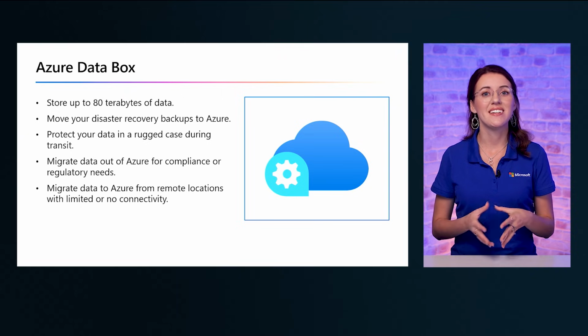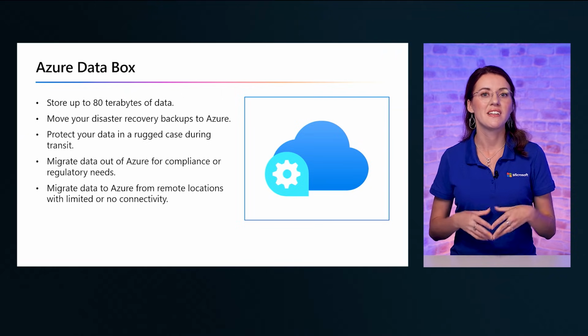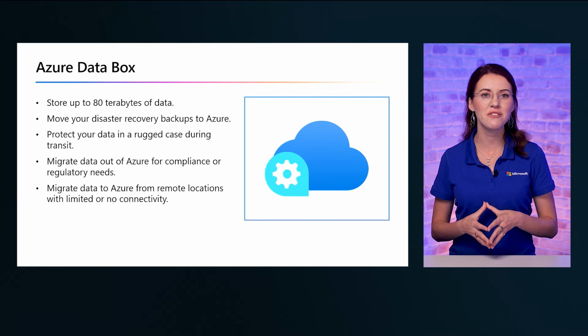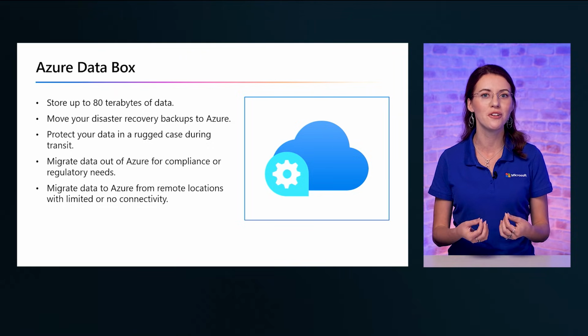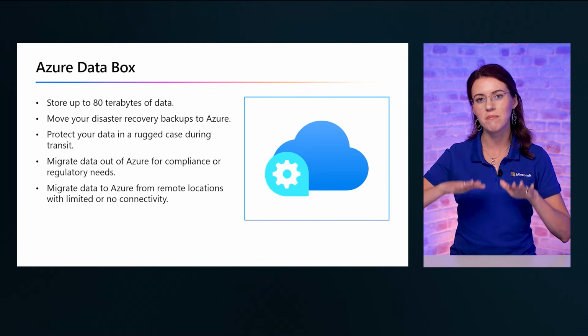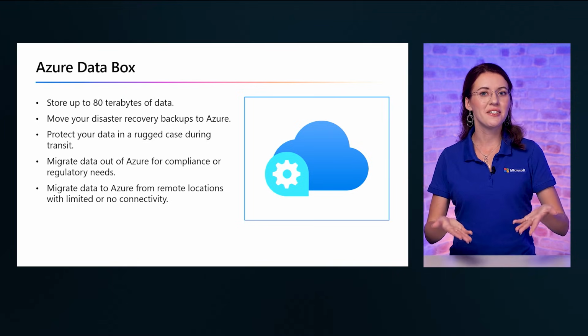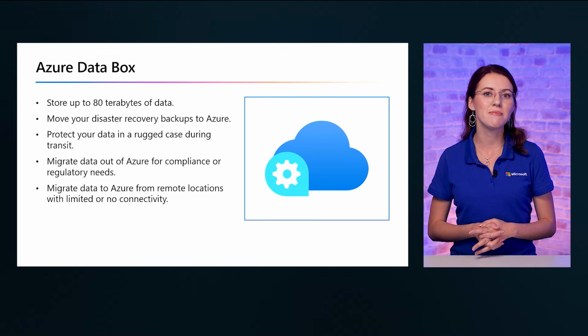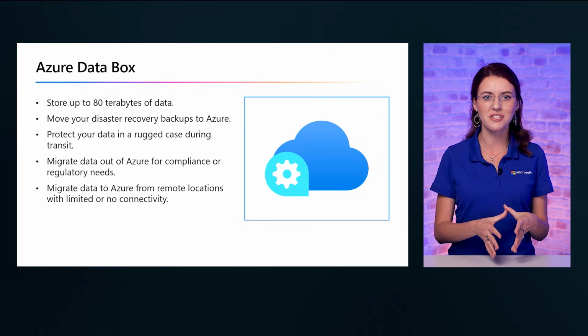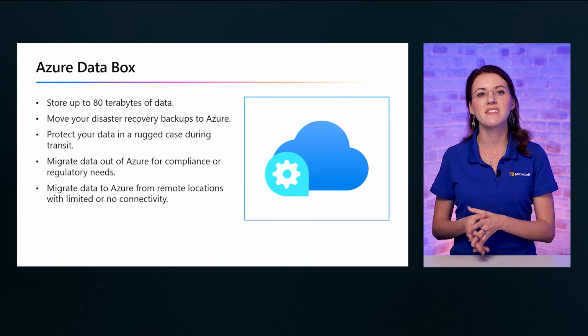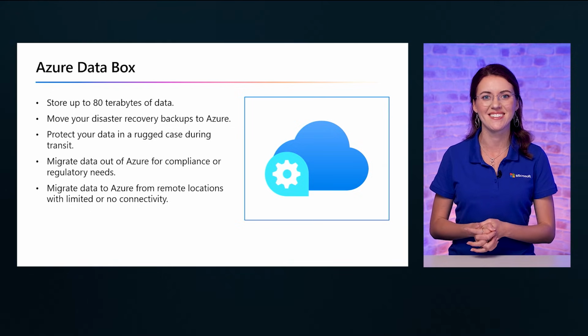Azure Data Box is a physical migration service that enables fast and reliable transfer of large volumes of data with minimal costs. The secure data transfer is facilitated by delivering the Data Box storage device with the maximum capacity of 80 terabytes.